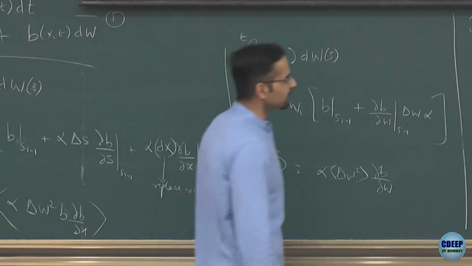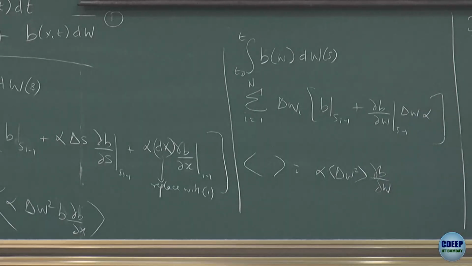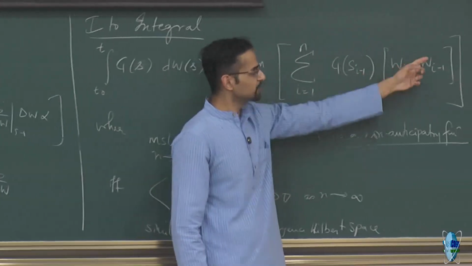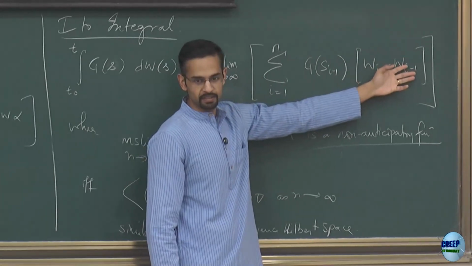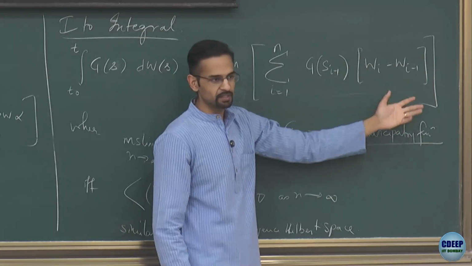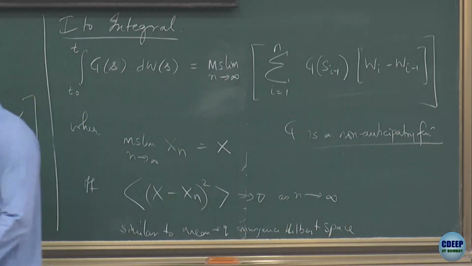The reason is that only then this and this are uncorrelated. If g at s_{i-1} somehow depended on a future s, then that value would be correlated to this. So these two would become correlated. But of course, in any physical problem, that doesn't happen.